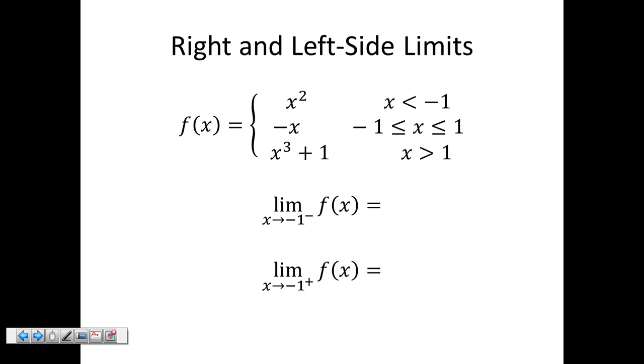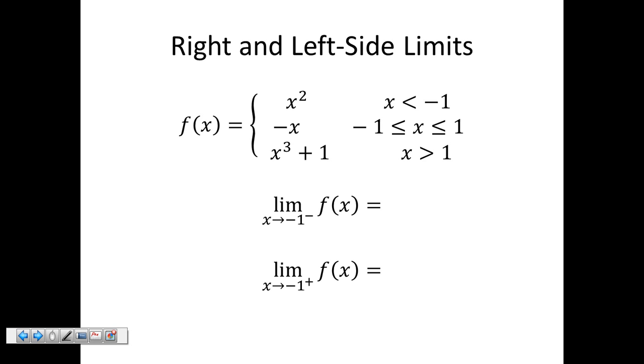Now, let's take a look at this piecewise function, though. When we take limits from the left side of negative 1, we have to use that top equation. When we take a limit from the right of negative 1, we have to use that middle equation, because if we're plugging in numbers just a little bit smaller than negative 1, like negative 1.001, I have to use that top rule.